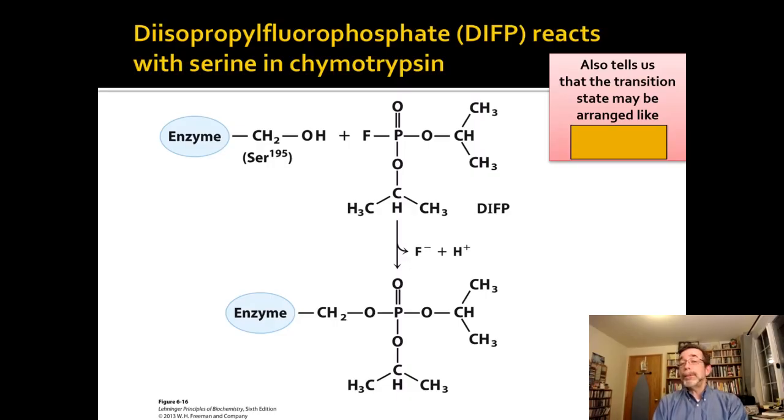Chymotrypsin breaks an amide bond, which is a flat structure, right? But the way it breaks it must be with the serine attacking and forming a tetrahedral complex, just like this tetrahedral complex down here. Because this works so well, we can deduce that the transition state is a tetrahedral state.